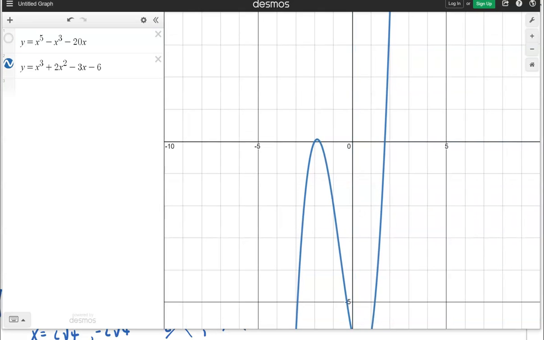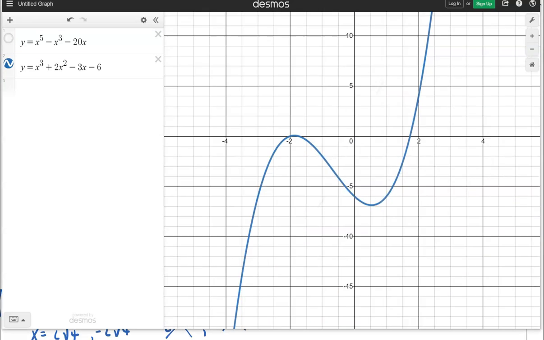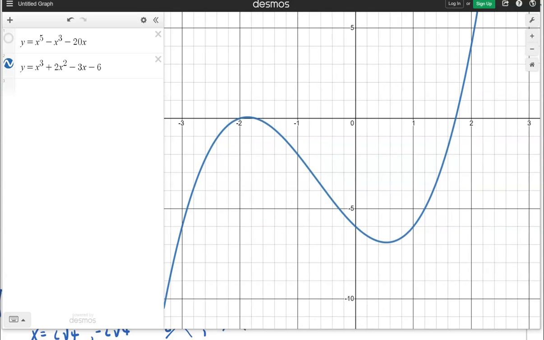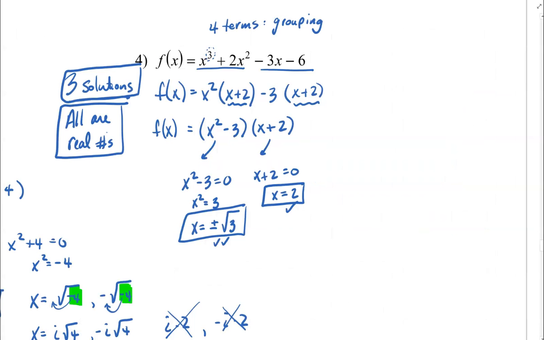And here we are with that equation. If I adjust the scale just a little bit, we should see solutions at negative 2, like we had predicted. Whoops, sorry, I made a mistake back here. Hopefully you caught that. We had to subtract 2 from both sides, so this should have been negative 2. It's a good reason to double check our work. I was in such a hurry that I missed that. But we have a solution at negative 2 and then plus or minus square root 3.